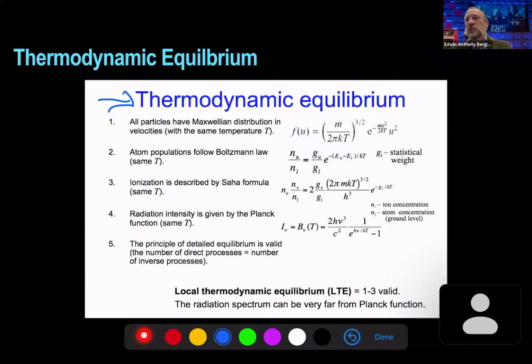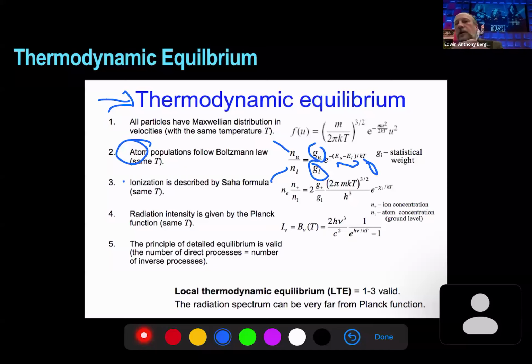The atomic and molecular populations follow what's called the Boltzmann law, where the space densities in a given state, with the statistical weights, which you can look up, are equal to a factor involving the change of energy, h nu, at a given temperature. So at a given temperature, the molecules will have populations that generally follow this equation.